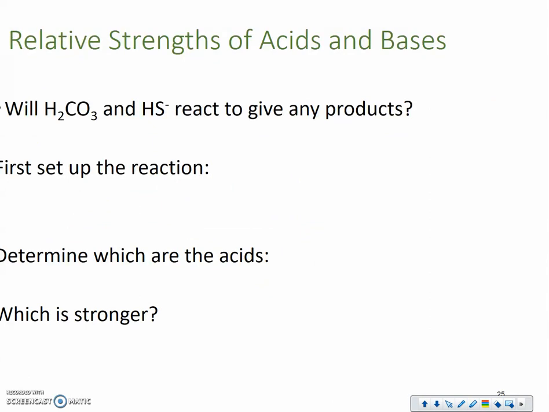Carbonic acid and HS, will they react to give any products? So H2CO3 can lose a hydrogen and form HCO3. HS will gain a hydrogen.